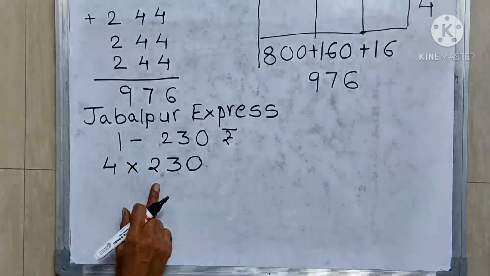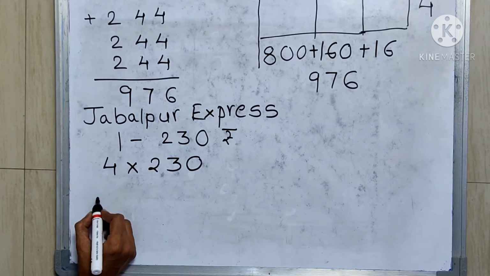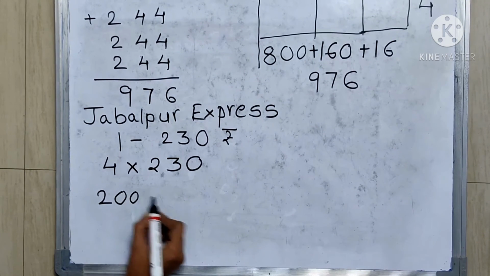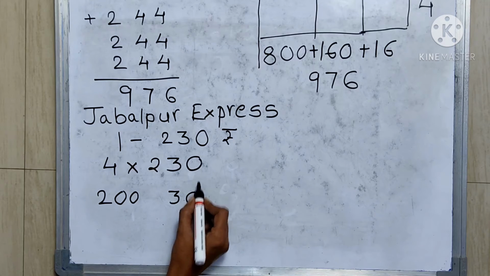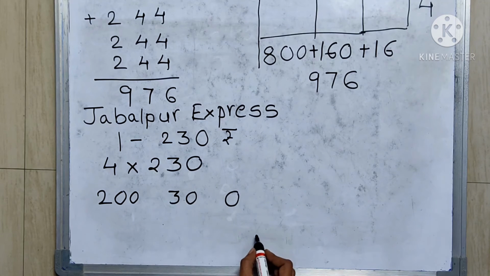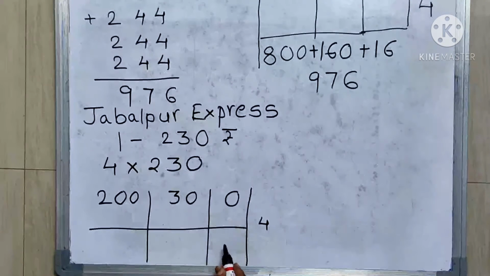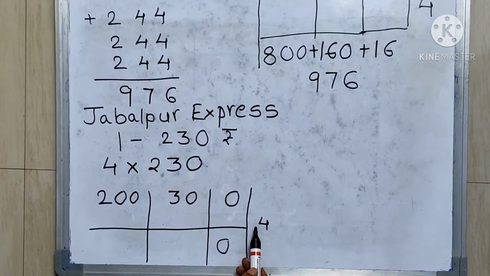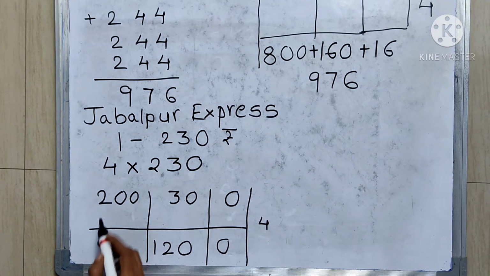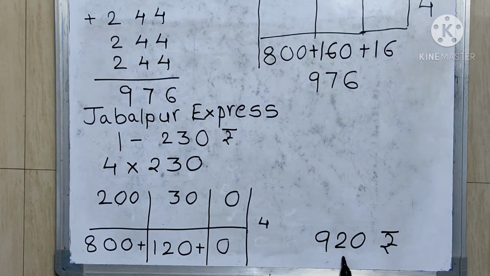We need to break this 230 as 200, 30 and 0. Multiply this by 4 and then you will get the answer 400. Now again here 4 threes are 12 and put here 10. Now 4 twos are 8 and here are 2 zeros, so write this and then add this. So the answer is 920 rupees.